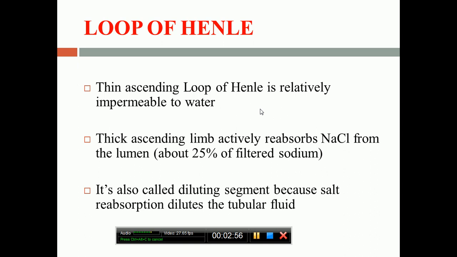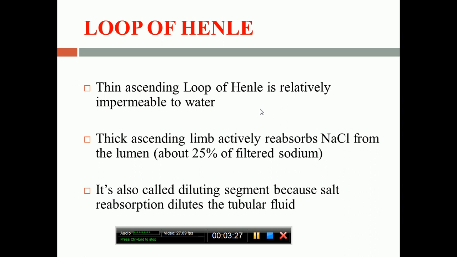It is distinguished from the descending limb in that the tight junctions are now really tight and impermeable to water. They have smaller gaps as compared to the descending limb of loop of Henle. So as the name suggests, at the transition from descending to ascending, the tubule segment makes a 180-degree turn and filtrate is now being carried back towards the cortex.